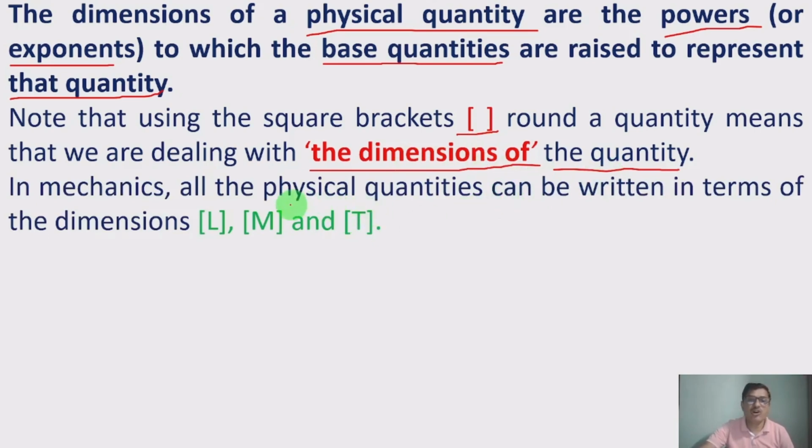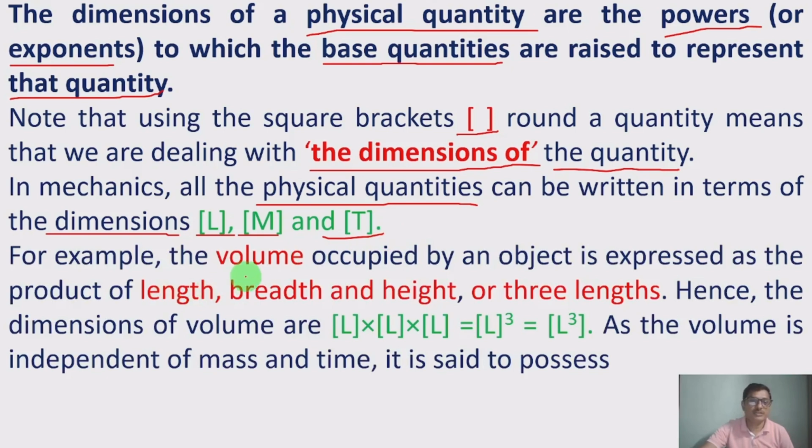In mechanics, all the physical quantities can be written in terms of the dimensions L, M, and T, that is length, mass, and time. For example, the volume occupied by an object is expressed as the product of length, breadth, and height.